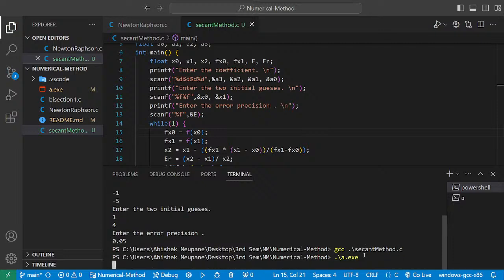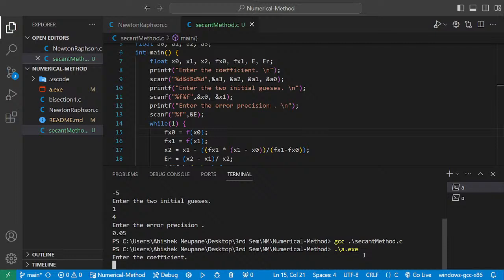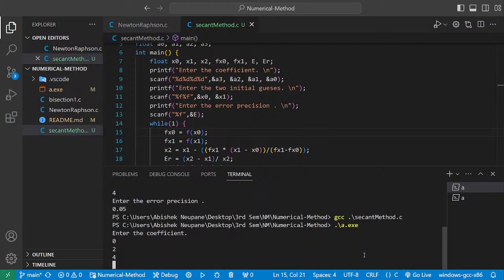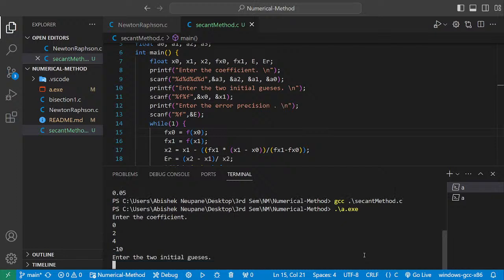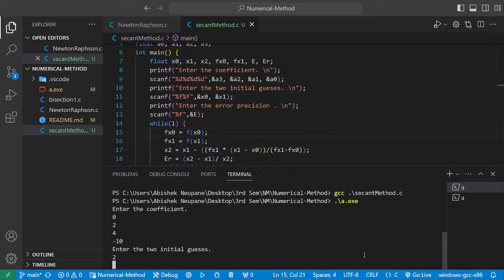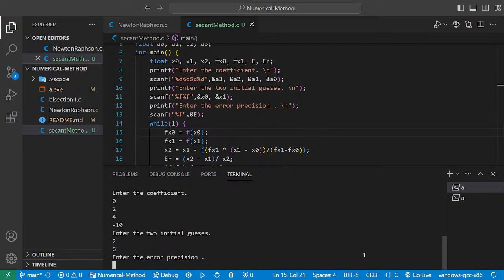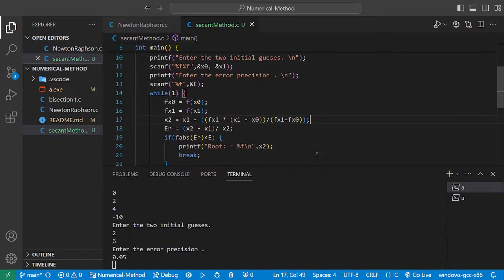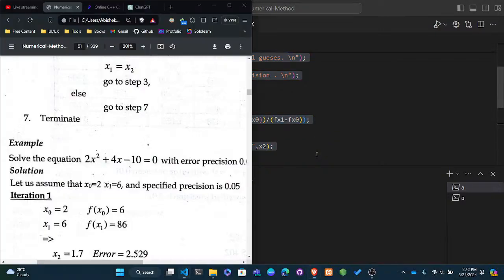I don't know why this is working too slow. That will be 0, 2, 4, minus 10. That will be 2, 6, 0.05. Oh, I think this compiler is being too slow.